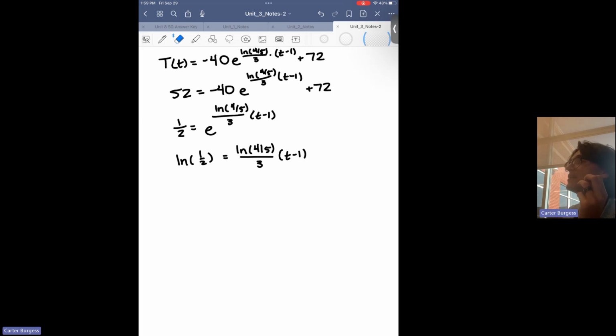Yeah, multiply by the reciprocal. So instead of dividing by 1/2, I could multiply by 2. Instead of dividing by ln of 4/5 over 3, I am going to instead choose to multiply by 3 over the ln of 4/5.